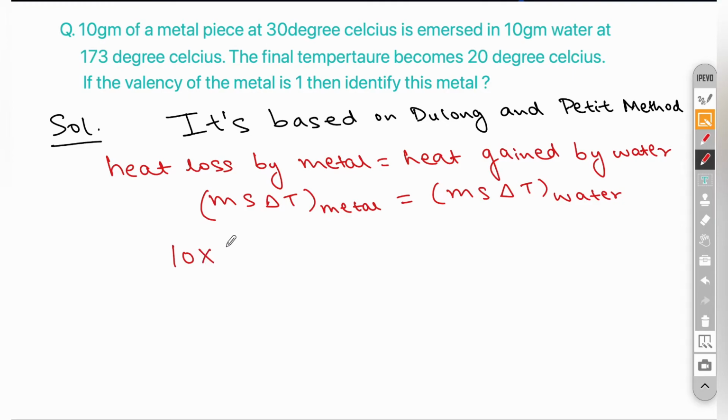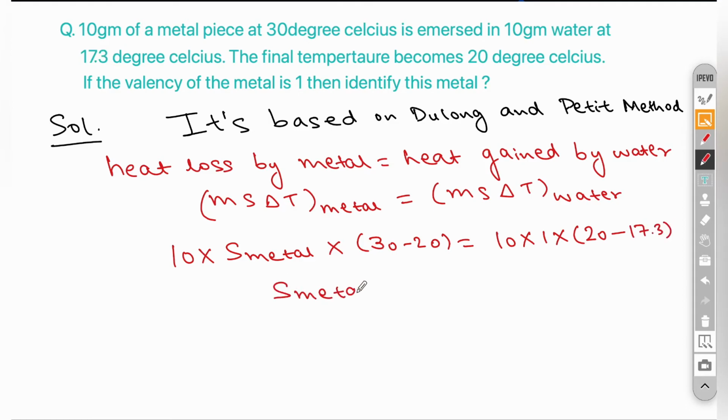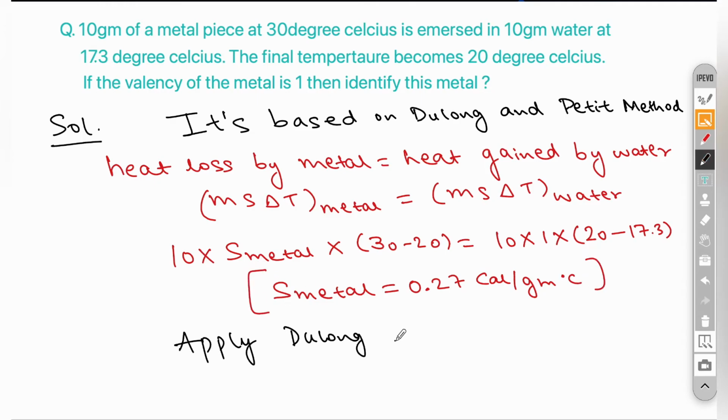Now putting the values: mass of metal 10 gram, specific heat capacity S metal, change in temperature 30 minus 20, mass of water 10 gram, specific heat capacity of water 1, and 20 minus 17.3. Now solving it we will get S metal, specific heat capacity of metal, is equal to 0.27 calorie per gram degree Celsius. Now apply Dulong and Pettit law.